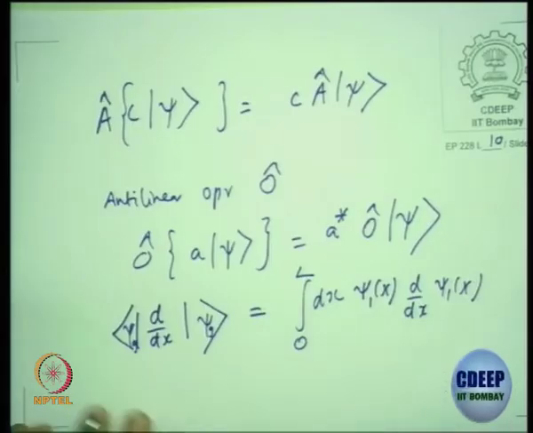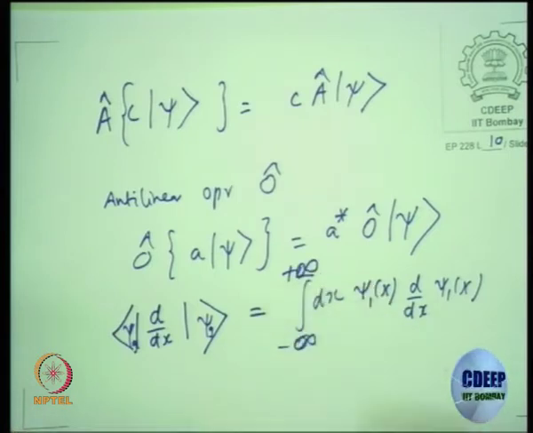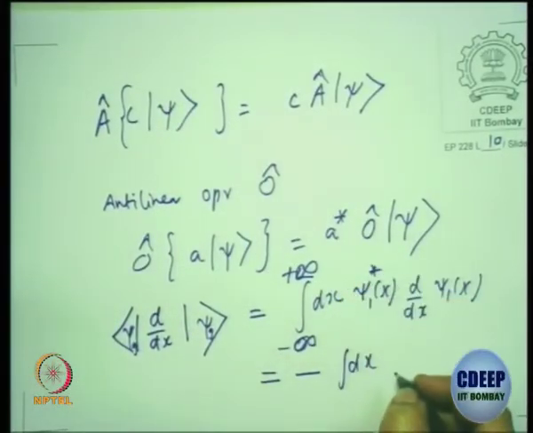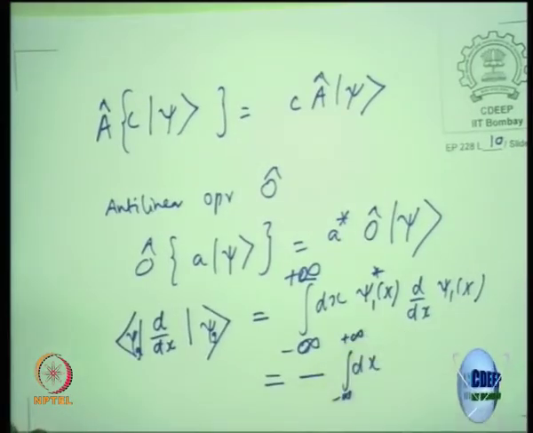Formally you can do this not just for a particle in a box; you can take in general a free particle, from minus infinity to plus infinity, and say that the wave function should vanish. It is well defined, it belongs to L2 of minus infinity to plus infinity, the wave function should vanish at plus or minus infinity, and you can work this out. Please do this and you will see that this will be the same as the negative of the integral, so this is a star, negative of the integral dx from minus infinity to plus infinity.